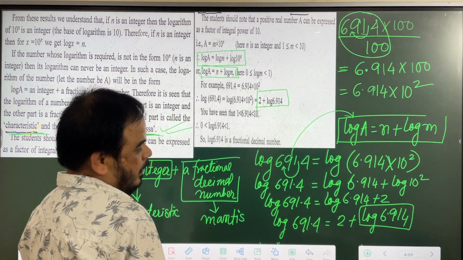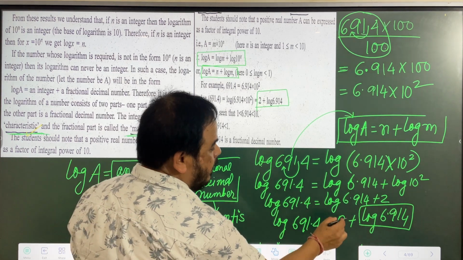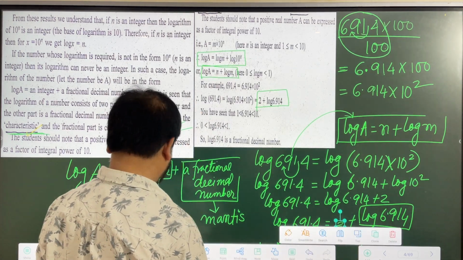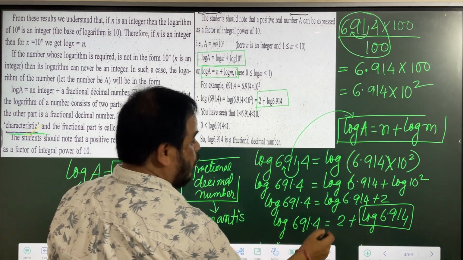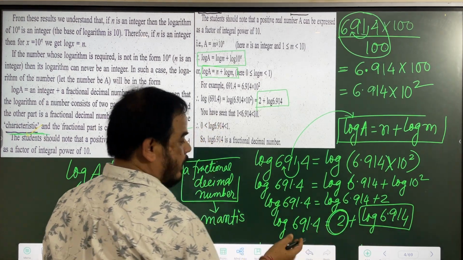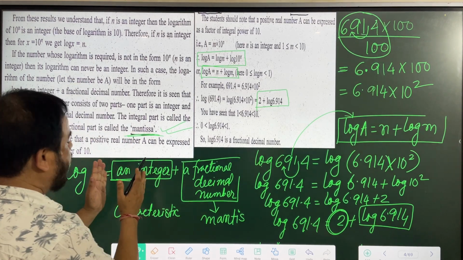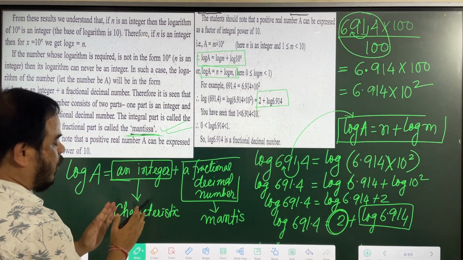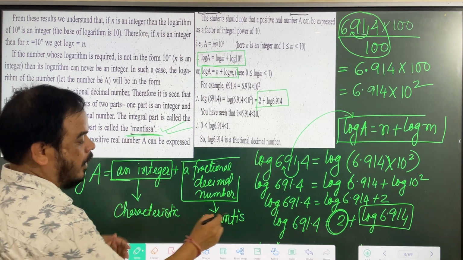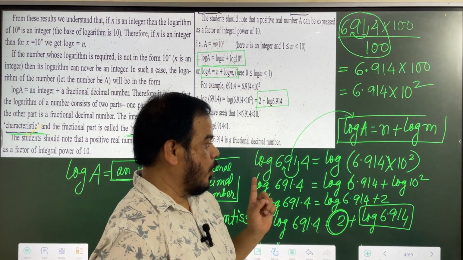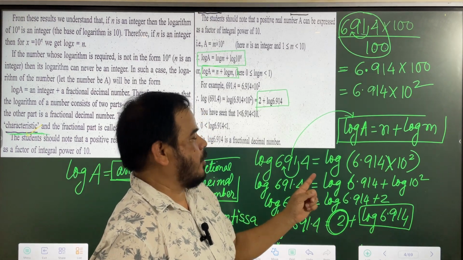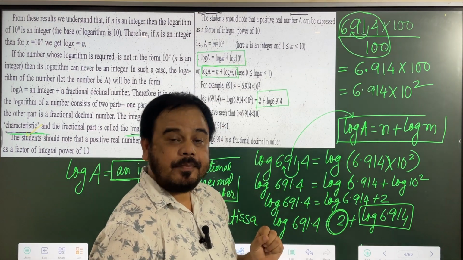Now determination of characteristic. Here what is the characteristic? 2 is the characteristic. That we have already learned. The integral part, the integer, is called the characteristic. The other part is called the mantissa. So here the characteristic is 2. Why 2? Because 10 square was there.